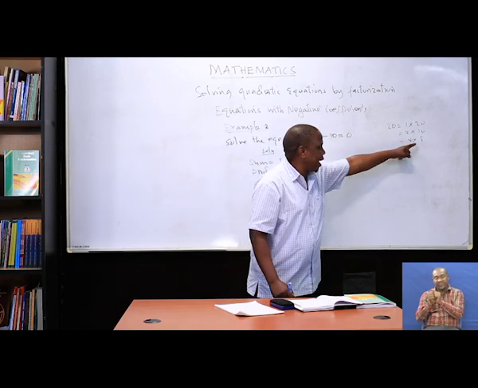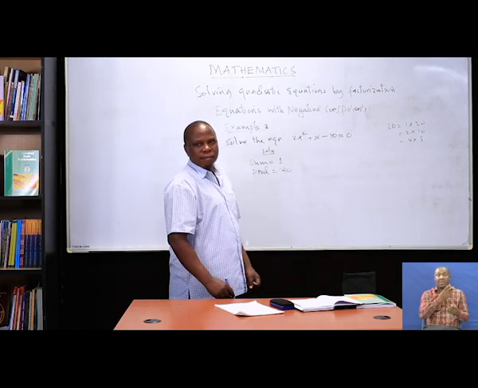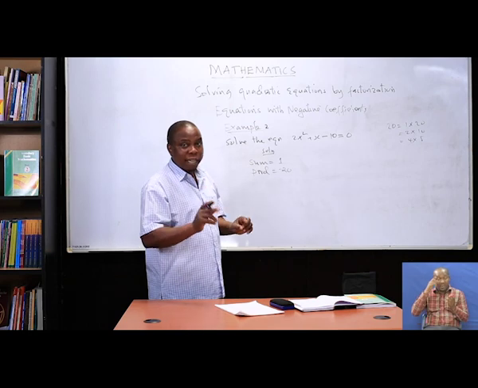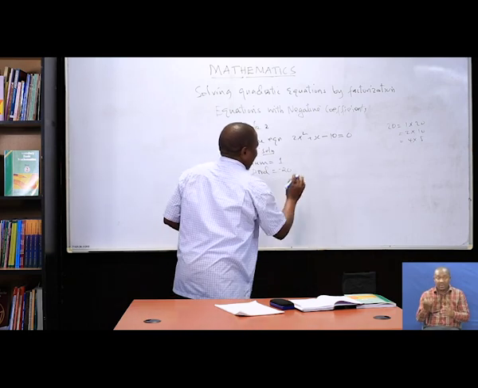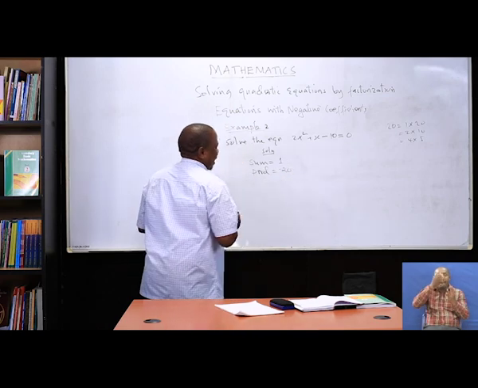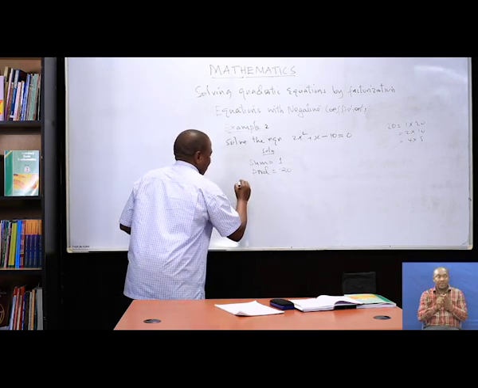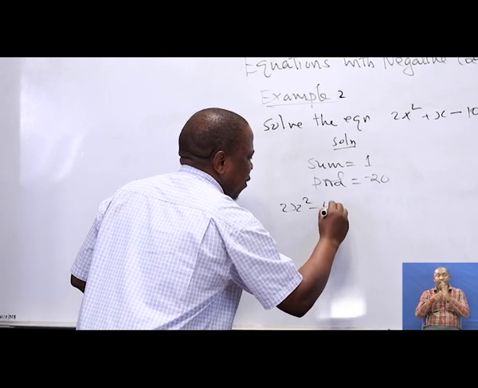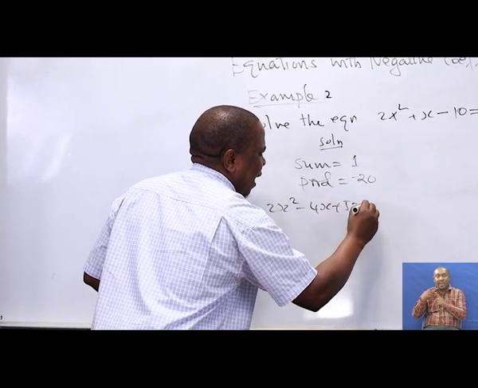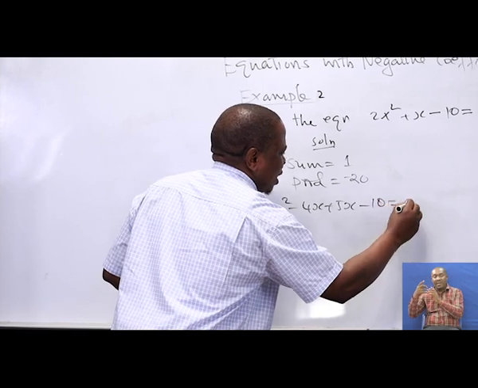It is only 4 and 5 whose summation, by giving one of the numbers negative, can give you 1. Now our middle term can be written in terms of 4 and 5. That is 2x squared minus 4x plus 5x minus 10 is equal to 0.